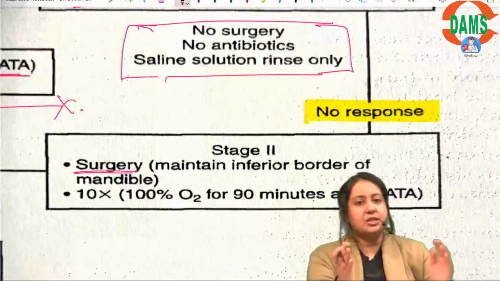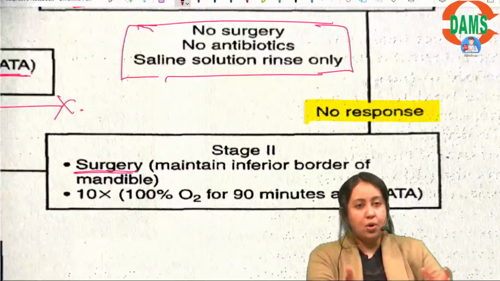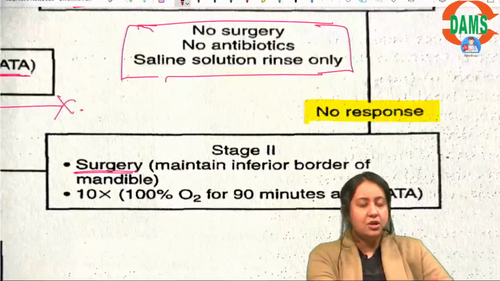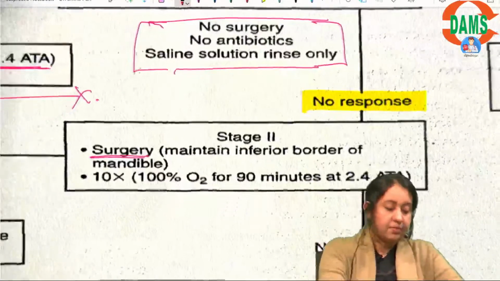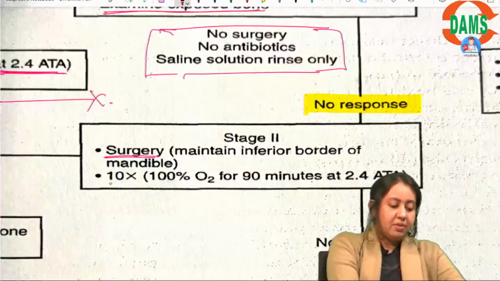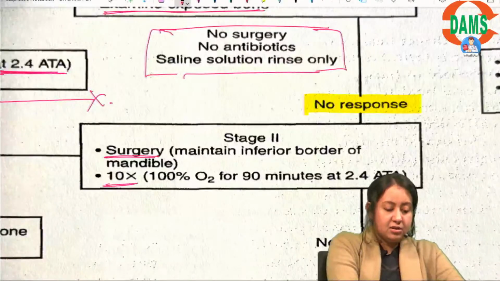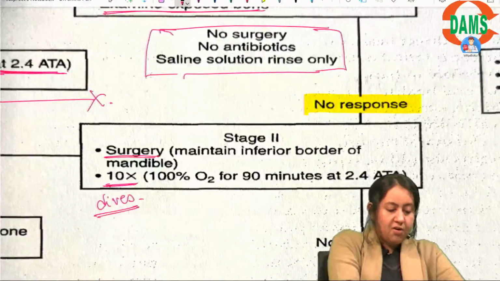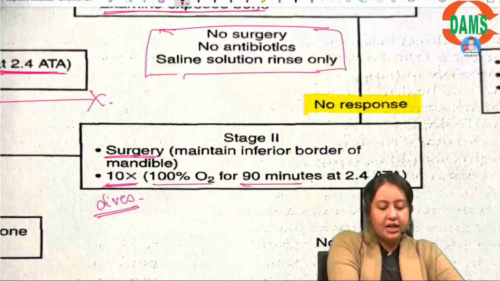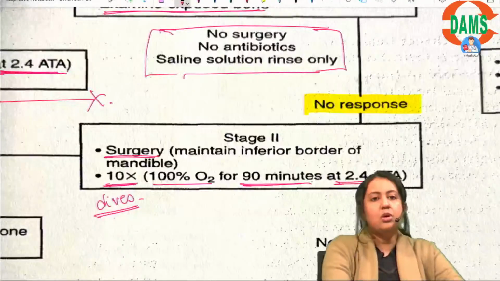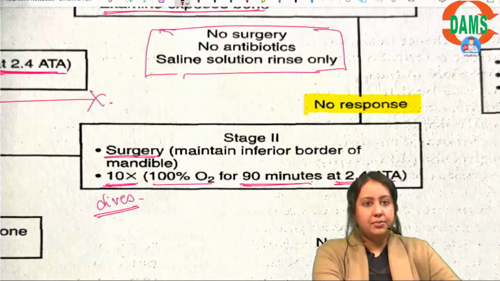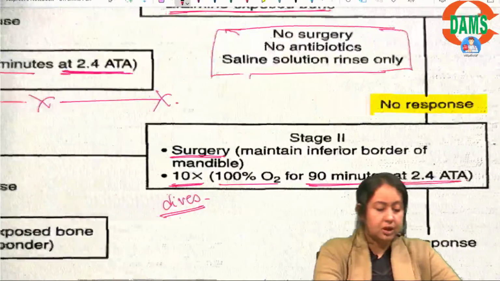So basically you do a marginal resection, or in some cases marginal resection is not possible and you have to do a segmental resection. In that case you cannot maintain the inferior border. After the surgery there will be a further 10 sessions or 10 dives of 100% O2 for 90 minutes at 2.4 atmospheric pressure.